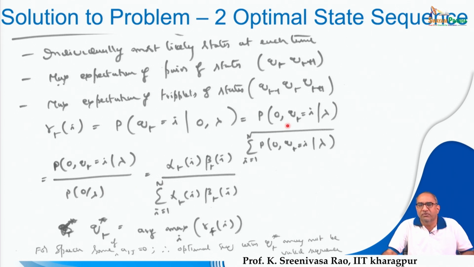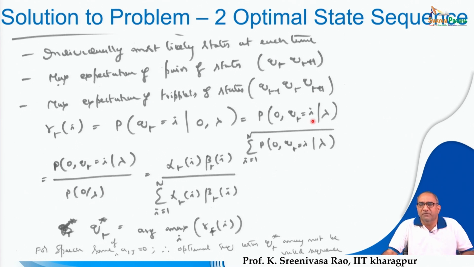So, if you compute the joint probability of O comma qt equals I, with respect to the summation of the same joint probability over all possible i's, then you can get gamma t of I. It is simple, right.